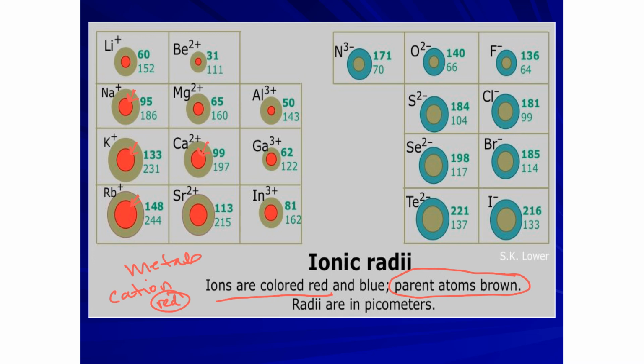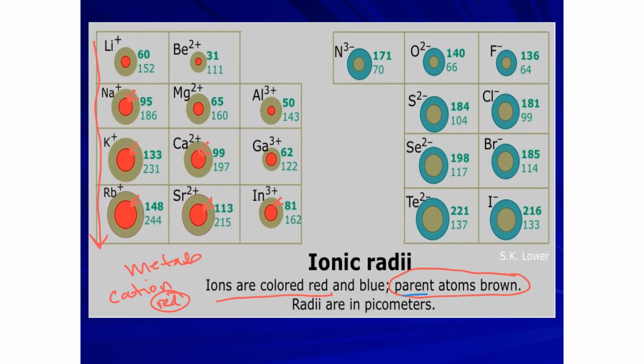And you can see that that is also very significant in the +2 metals and in the +3 metals, okay? And so I see the atom size getting larger as I go down. That has to do with the atomic radius trend, but I see that the cations are always smaller. Now let's look at the anions in turquoise, all right?